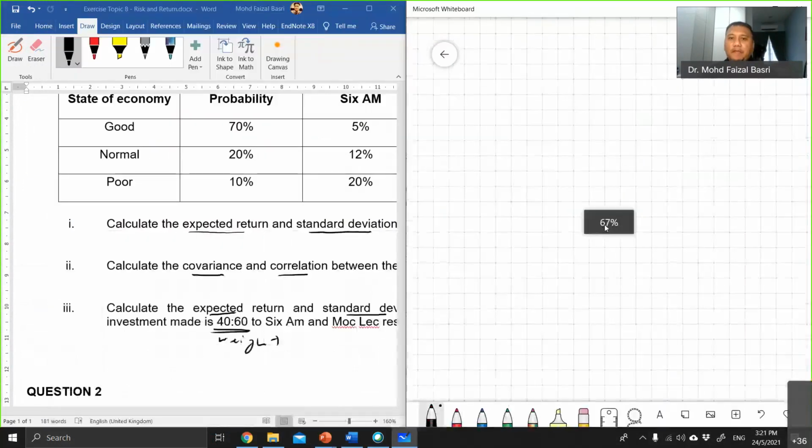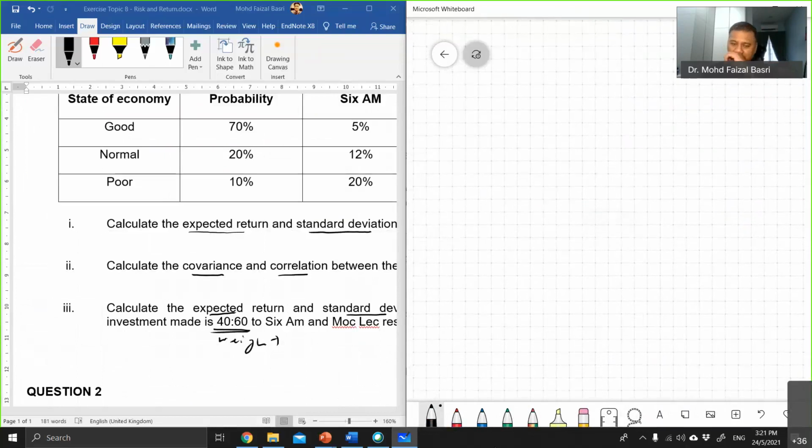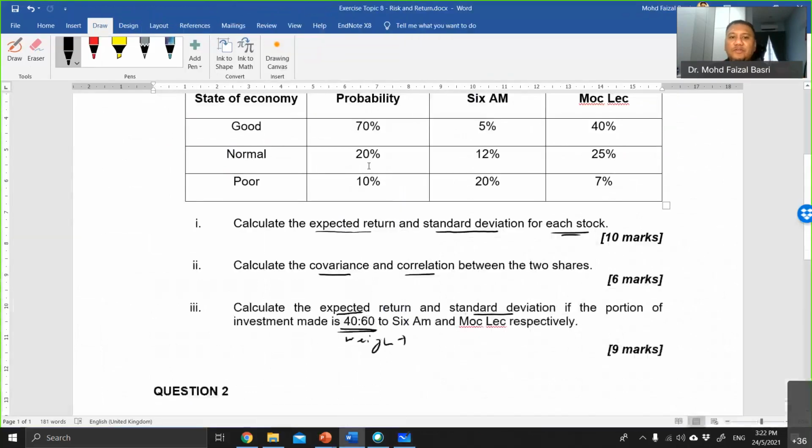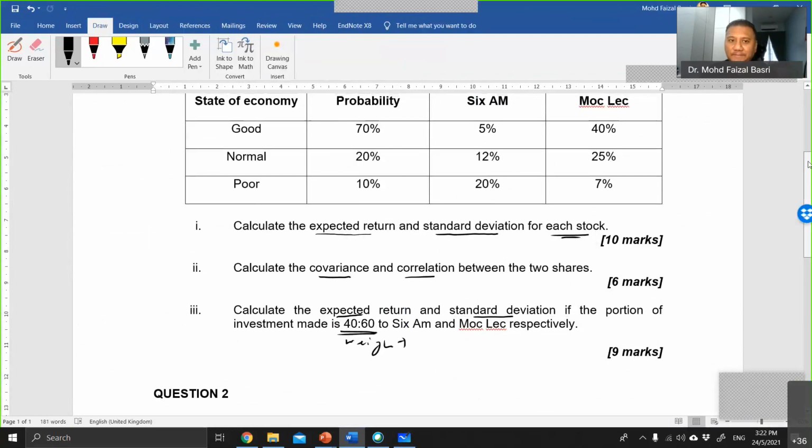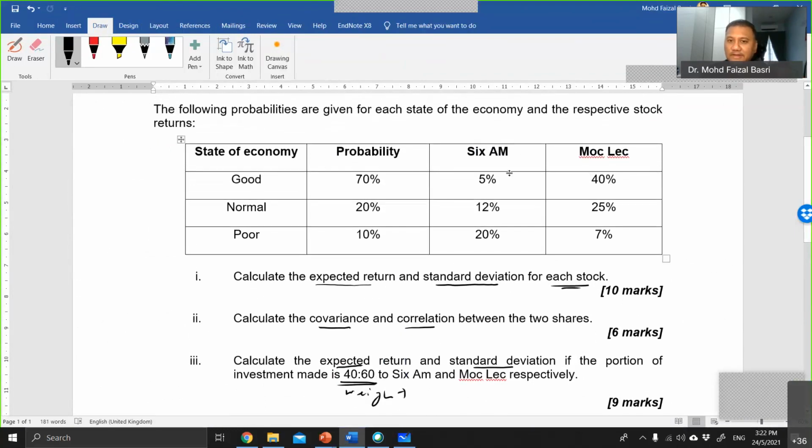But before we go step by step, maybe I give you a 5 minute break to digest. You take a look at this question. If you're diligent, you can try to find the ER and standard deviation, before I show you how to prepare all of this information required: ER and standard deviation for the individual stocks, the covariance or correlation for the two stocks, and ER and standard deviation for the whole portfolio using this weightage.